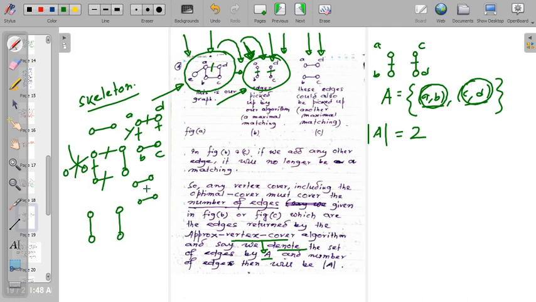So the way our approx vertex cover algorithm proceeds, that will not be a proper subset of any other matching. So that's why we can say that our algorithm will definitely return one maximal matching. Are you getting or not?